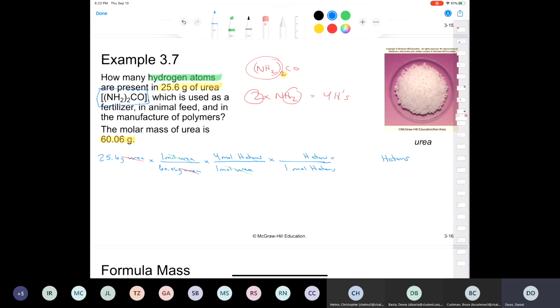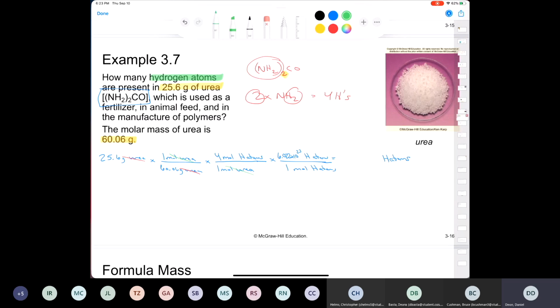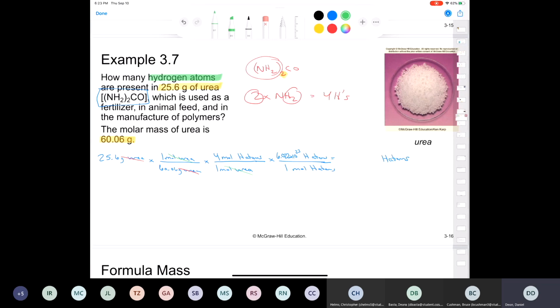Absolutely right, because in 1 mole of hydrogen atoms, I have 6.022 times 10 to the 23 hydrogen atoms. Looky, looky. Now my moles of hydrogen atoms cancels out here, and I'm left over with the actual number of hydrogen atoms. And so when I put all that into my calculator, I end up with a really big number, which is 1.03 times 10 to the 24th power hydrogen atoms.